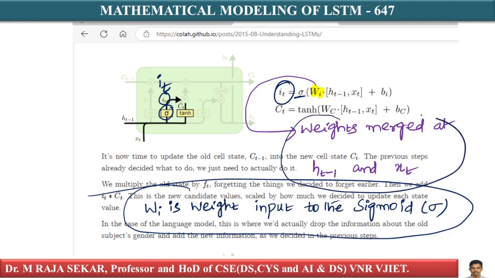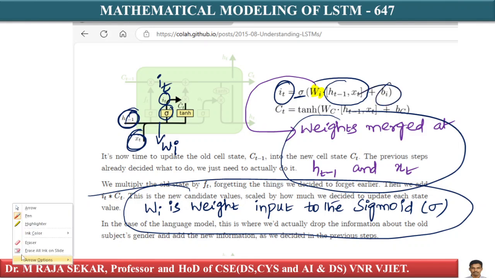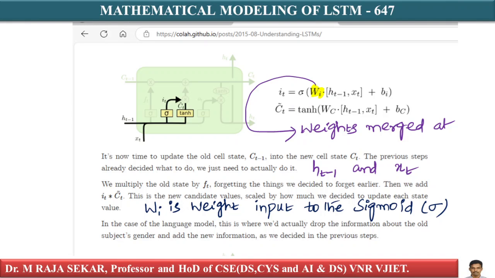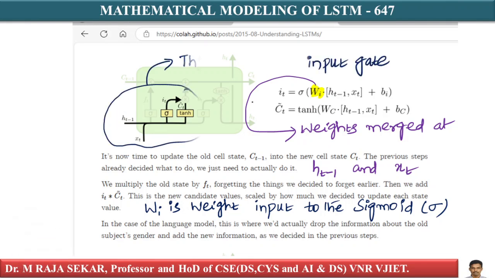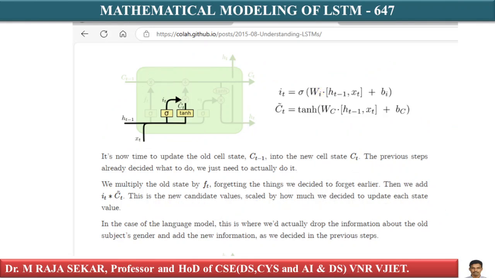Weight merged at ht minus 1 and xt, that is Wi, applied to your ht minus 1 and xt, plus you are adding some bias, that is bi. That is sigmoid of these things, that is my it, isn't it? In a similar manner, this particular gate is called the input gate, isn't it?